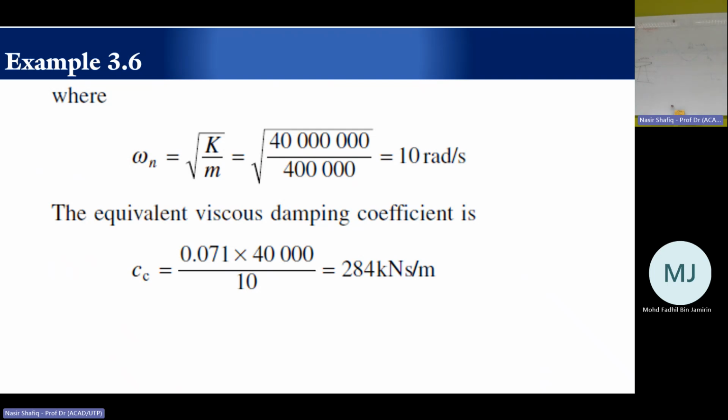Usually this is the external effect that we consider without considering the structure's own properties. But it is not 100% due to the external effects; there will be the structure itself, right?